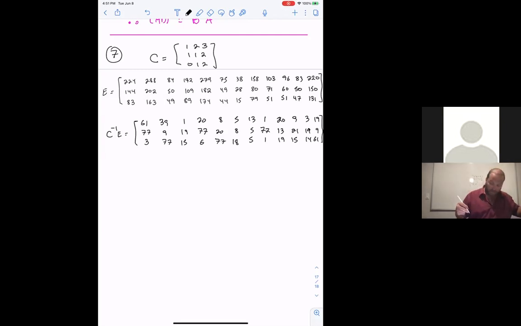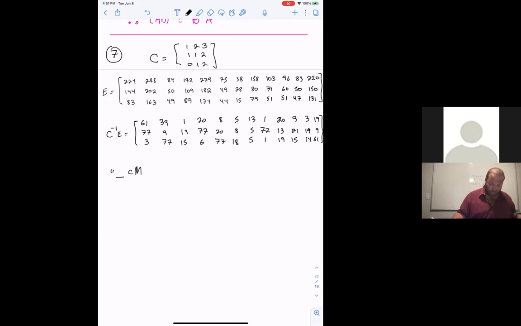Okay, let's see what it is. 61 is quotation marks. 77 is a space. 3 is C. 39 is capital. This can't be right.